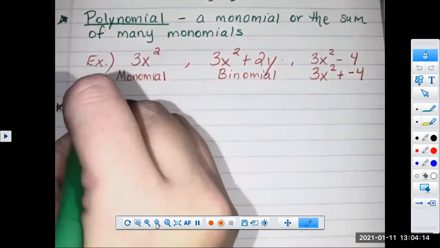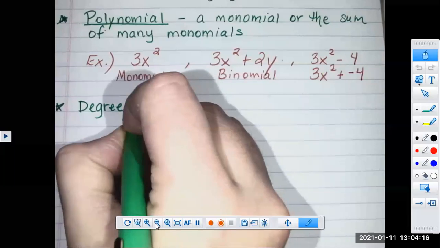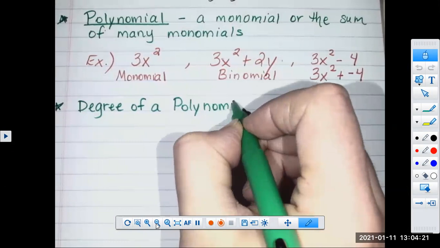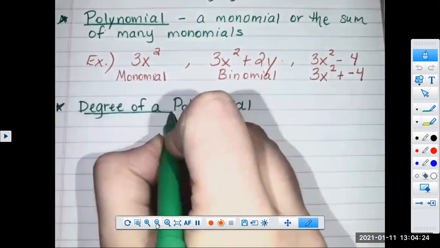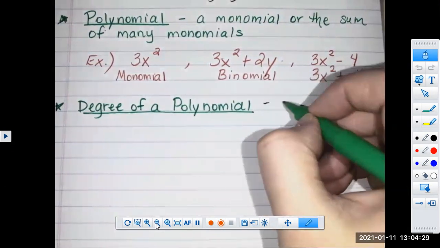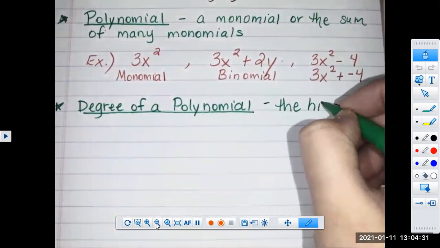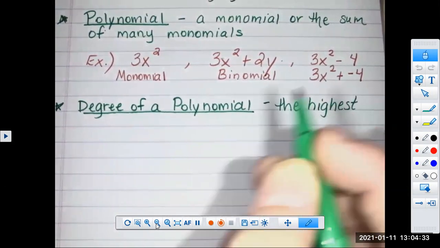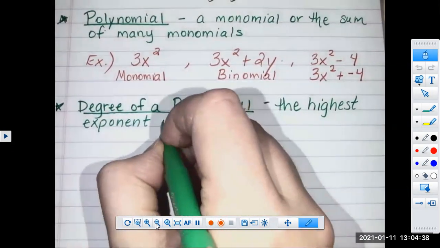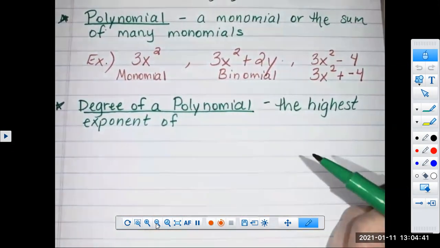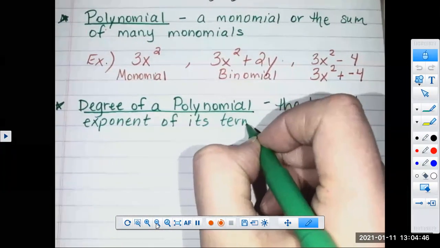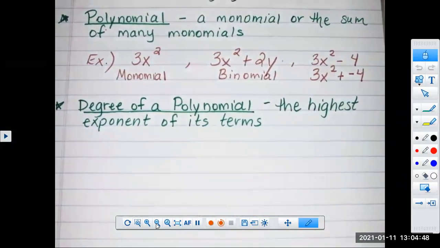So the degree of a polynomial is the highest or greatest exponent of its terms. The highest exponent of its terms.